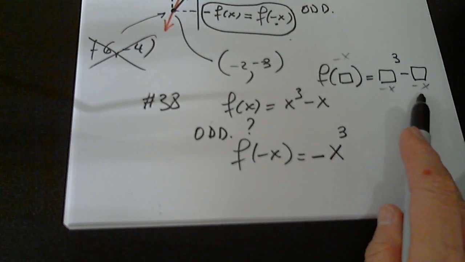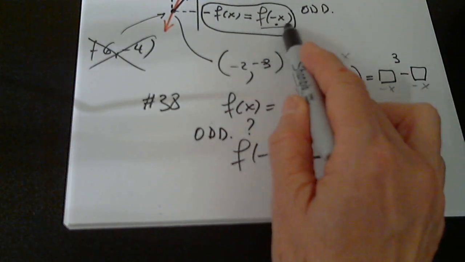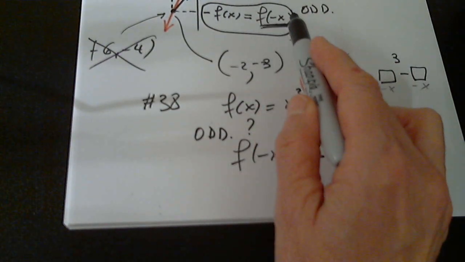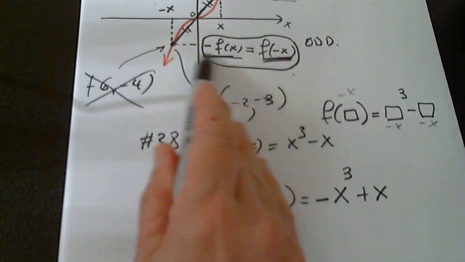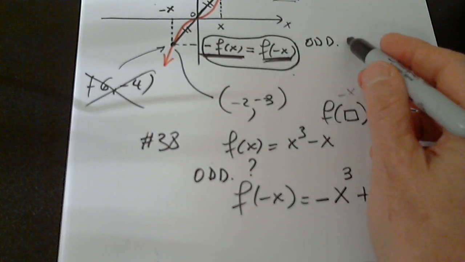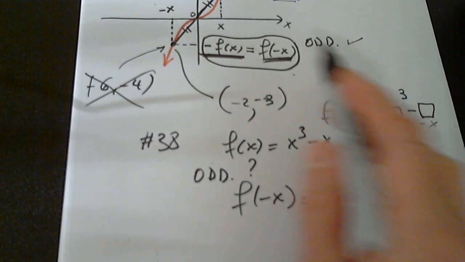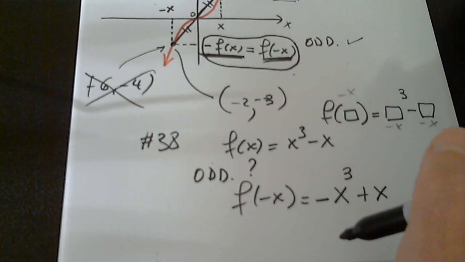The opposite of negative x is positive x. So I determine this piece. But now I have to determine this piece. If they are equal, then I'll say, yes, it's odd. If these two pieces are not equal, then I'll say, no, it's not odd.